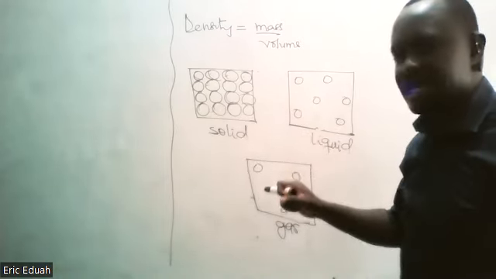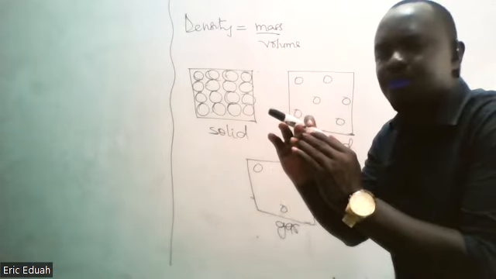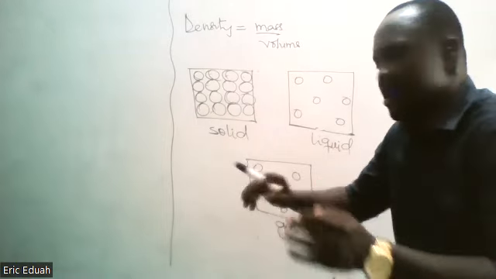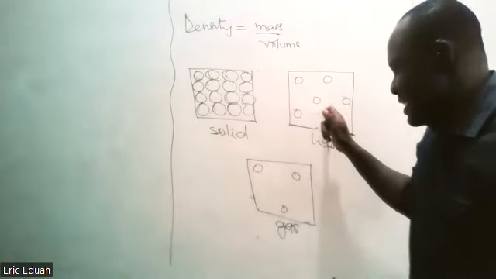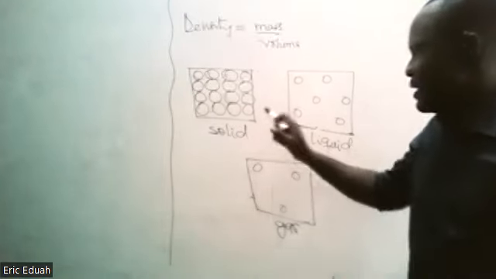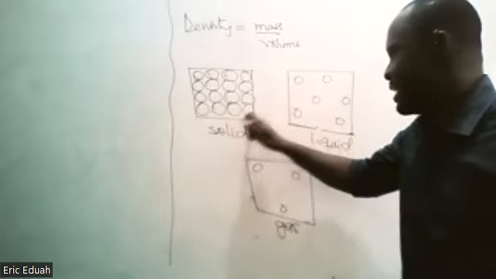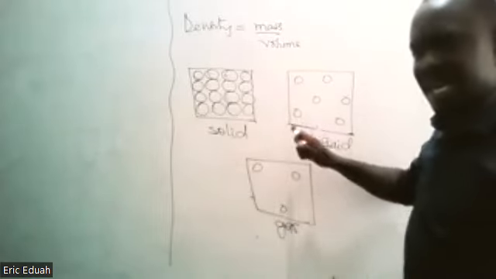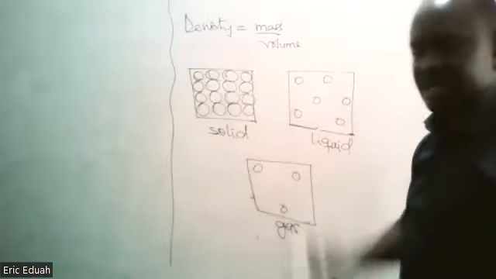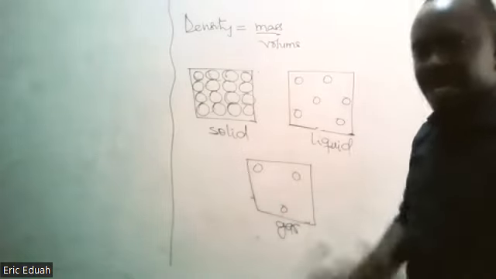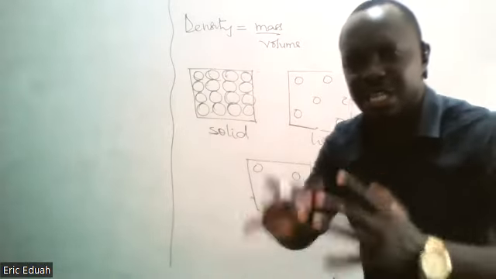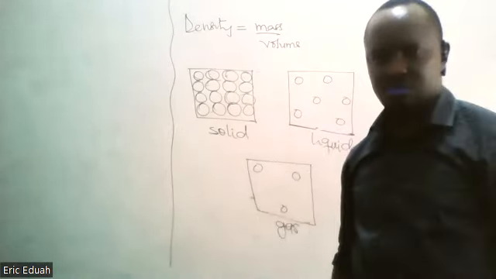The density of solid is greater than density of liquid, and the density of liquid is also greater than the density of what? Gases. So density simply talks about the number of particles or matter within a given volume.